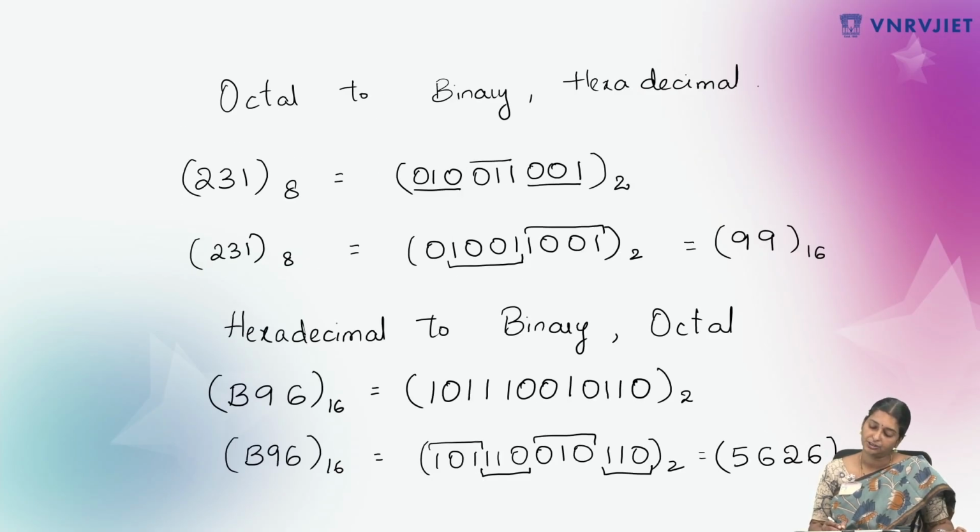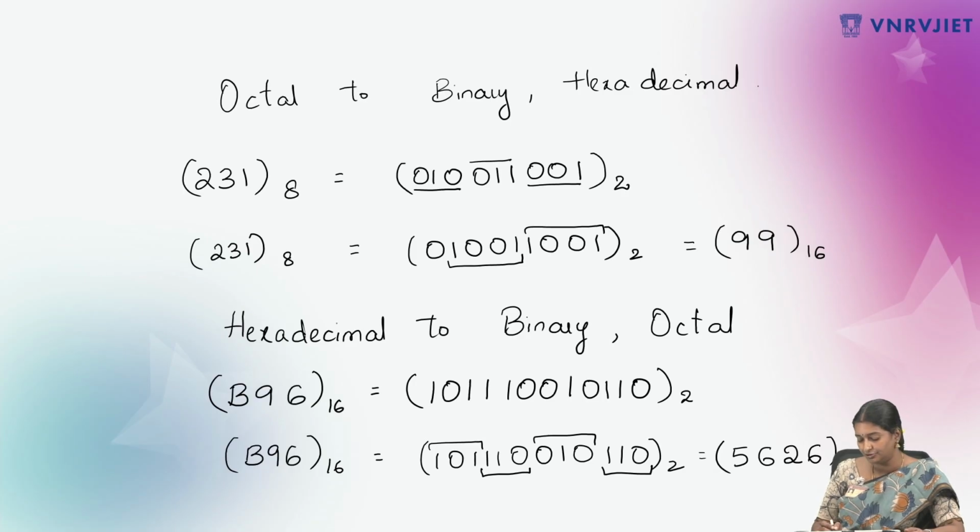Coming to octal to binary, we write down for each digit its equivalent 3-digit binary, and for octal to hexadecimal, as we did the binary conversion, we group those binary digits 4 at a time and write down the equivalent hexadecimal number, right? So this is how we do octal to binary and hexadecimal.